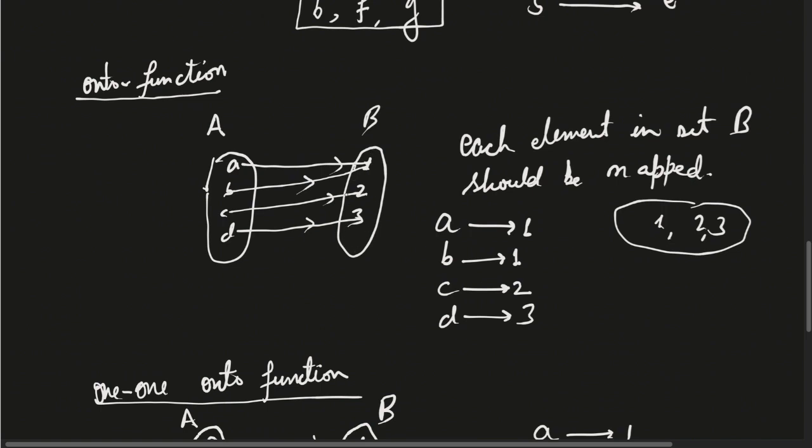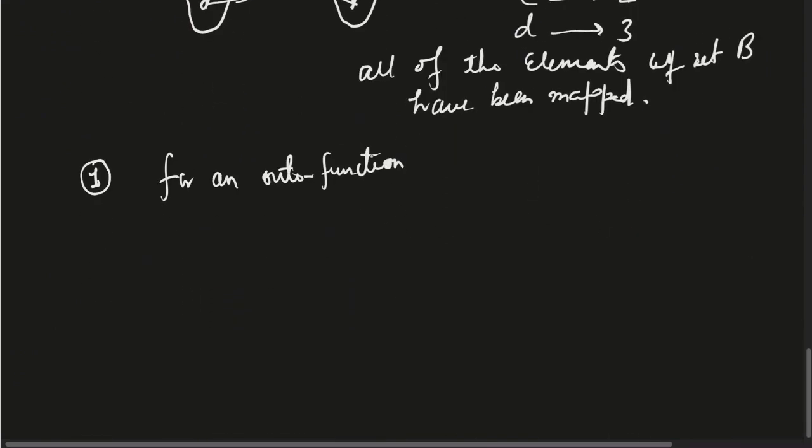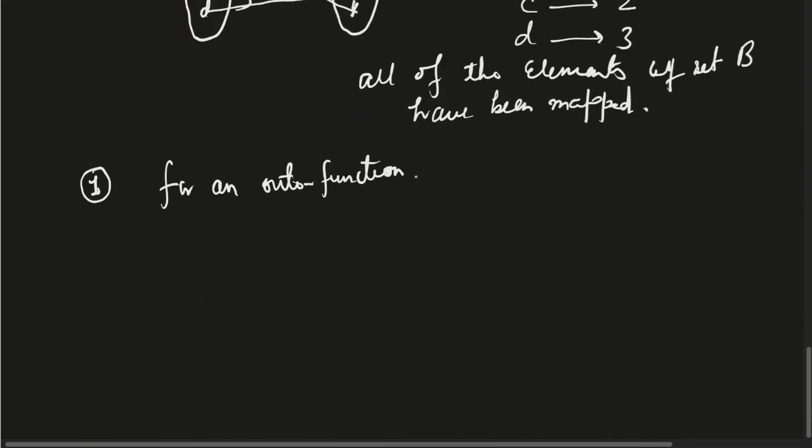See, this is your onto function. All the elements in set B have a corresponding mapping in set A, so all the elements have been mapped. This means that the codomain set is actually the range set itself. So for an onto function, the codomain set is the same as the range set.